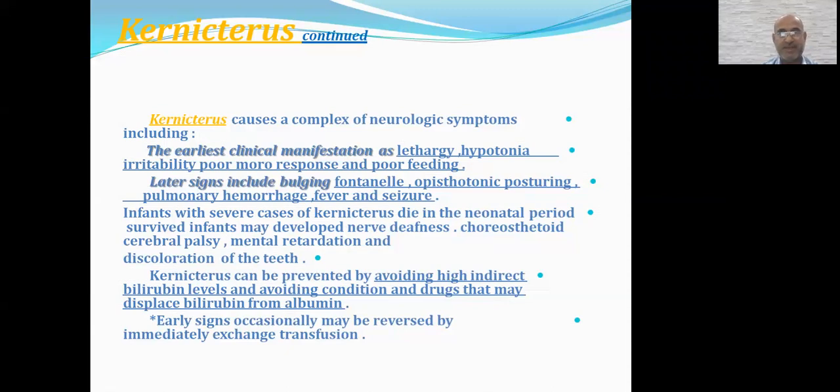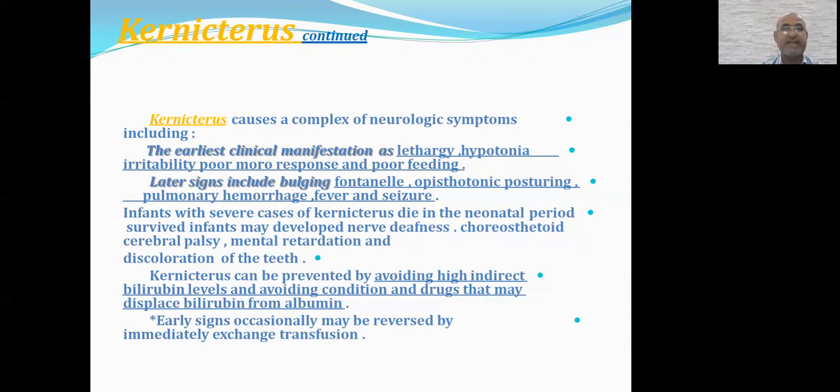So kernicterus can be prevented by avoiding a high indirect level and avoiding conditions and drugs that may displace bilirubin from the albumin. Early signs may occasionally be reversed by immediate exchange transfusion.